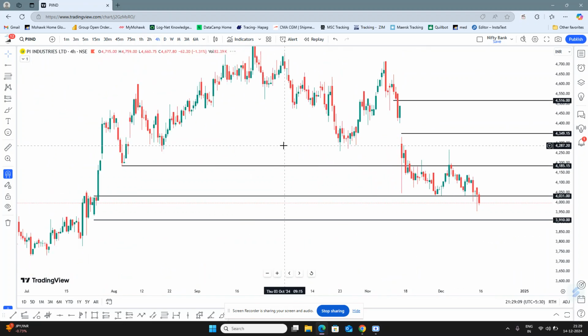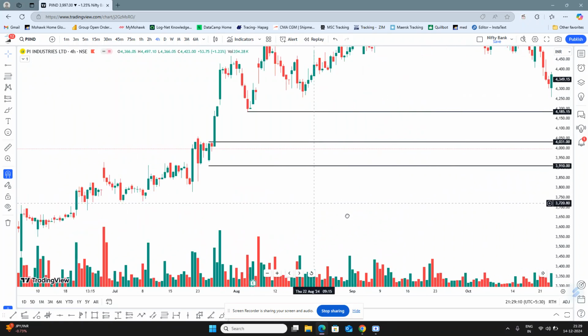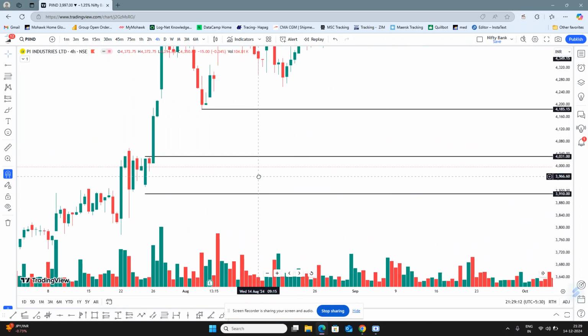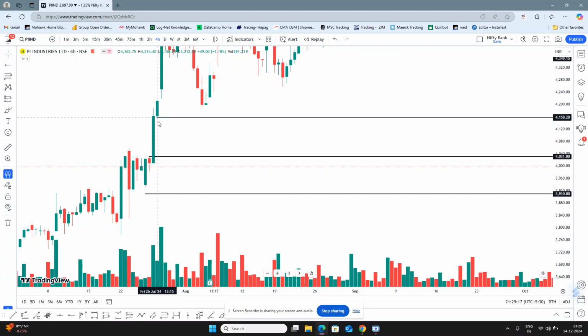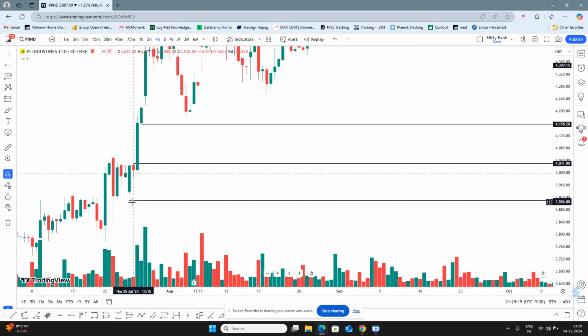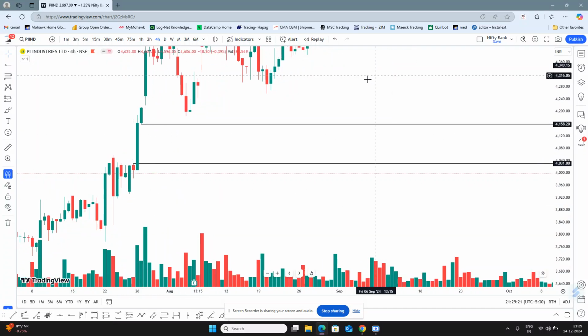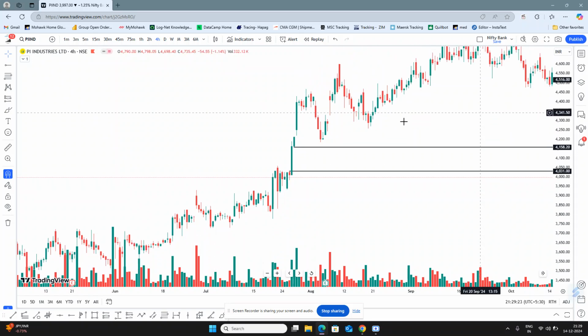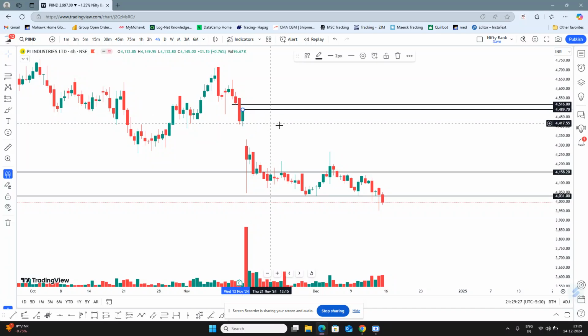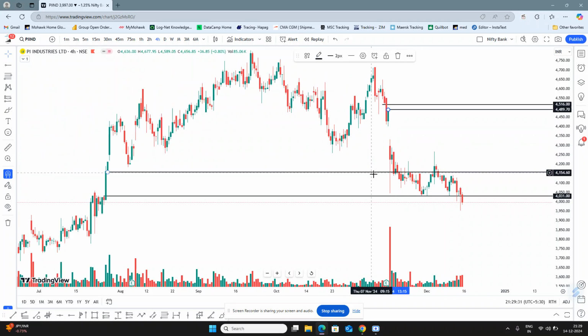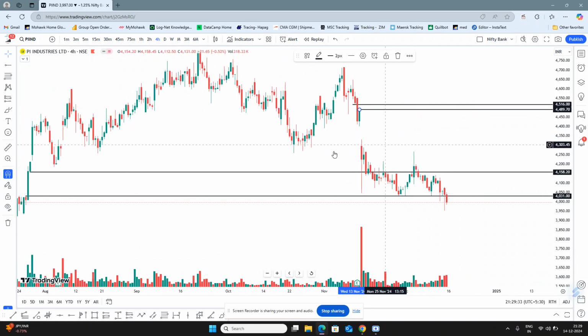Now I will move to our chart to improve my zone if any possibilities. So this and this, right? Let's remove it in fact. We don't need this. And here we will move it to this. So this is a zone till where we can expect our jump in PI Industries.